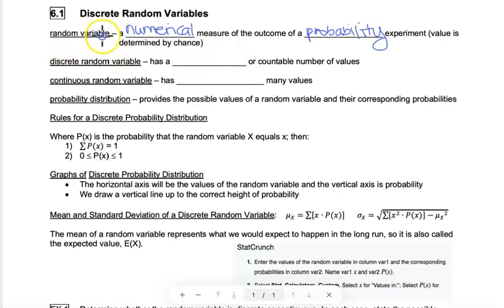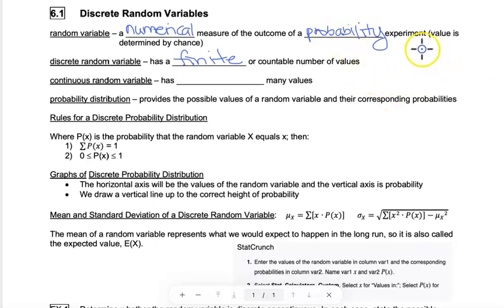Within types of random variables, we have discrete random variables, which is what we're focusing on in this section, as well as continuous random variables. So a discrete random variable has a finite or a countable number of values.